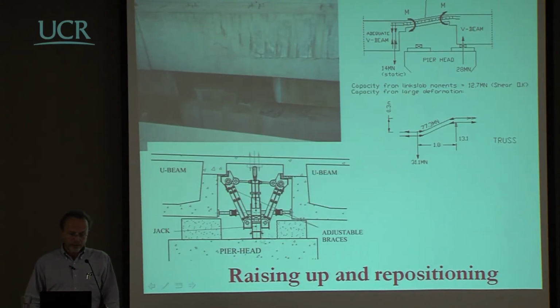And this was a device that we designed to raise up the bridge and be able to move the bridge approximately 1.5 meters in one direction and also in the transversal direction, and somehow to go back to something similar to the original position, but not identical, because we had to shorten the deck to make it compatible with the position of the piers.